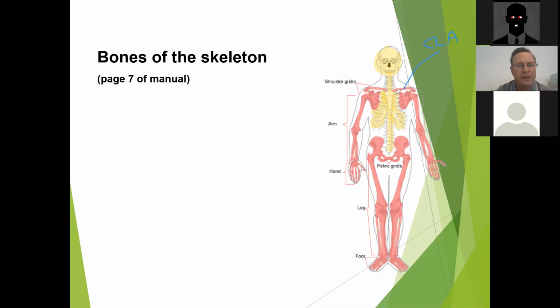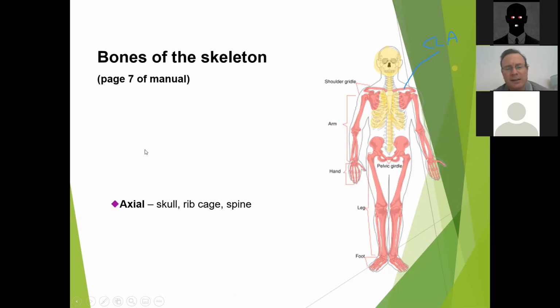So often we think of a central portion of the skeleton being about protection. It's a bit more complicated than that, but on a very basic level, we'll consider that. We talk about that as being our axial skeleton.